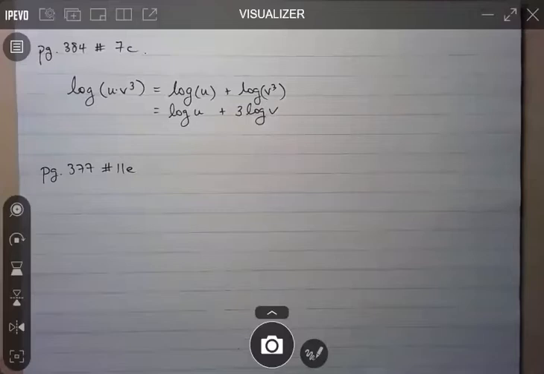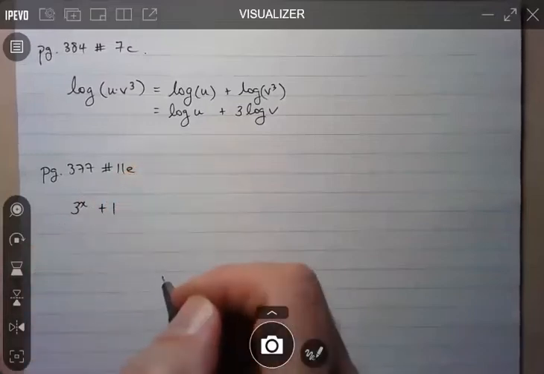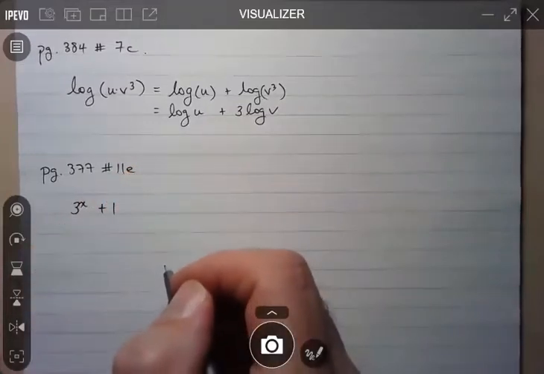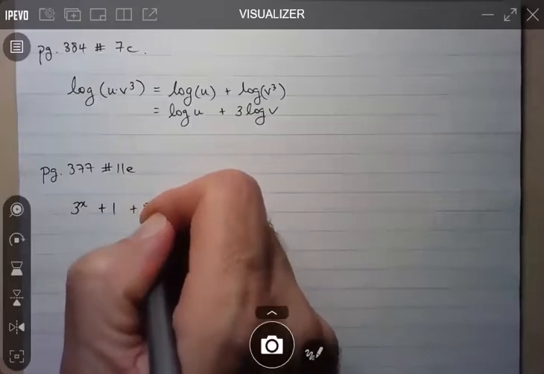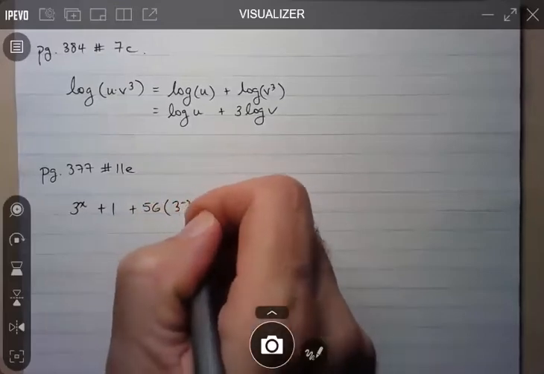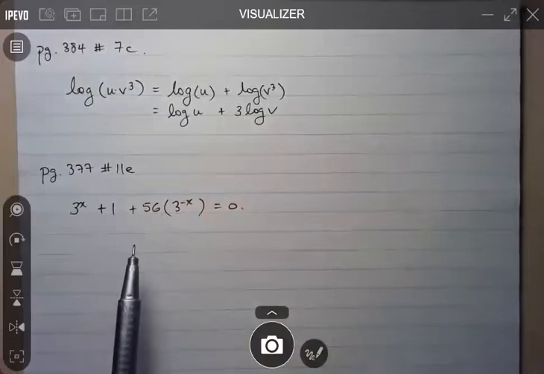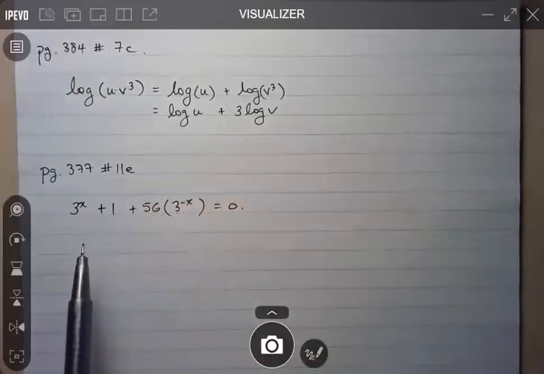Okay, so here we've got 3 to the x plus 1, and then here we've got plus 56 times 3 to the negative x equals 0. And what we're going to see, similar to polynomials or rational functions, is that there are certain ones that are easier to solve than others.